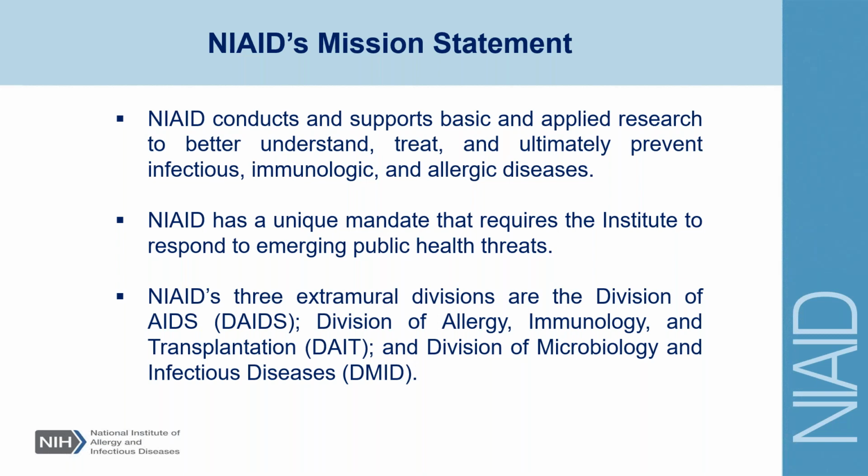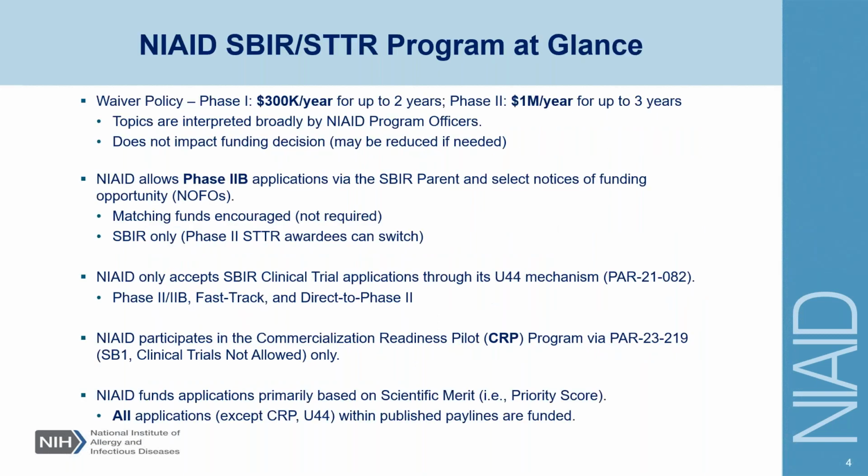These awards include SBIR STTR awards. These 3 divisions are the Division of AIDS, Division of Allergy, Immunology, and Transplantation, and Division of Microbiology and Infectious Diseases. Here in this slide, I included some of the NIAID-specific SBIR STTR policies.